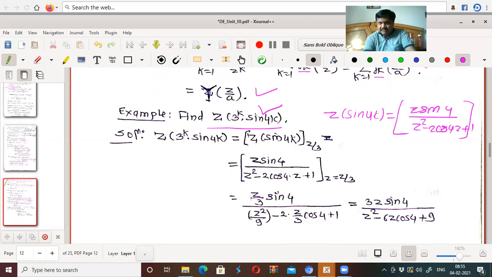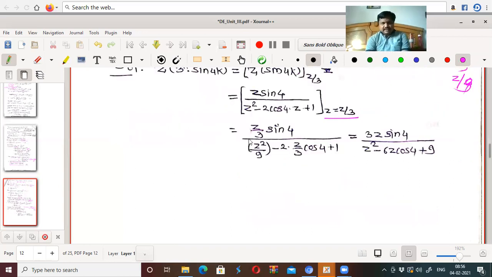That means z by a is what? Sorry, a is here 3, so z by 3. So z sine 4 upon z square minus 2 cos 4 z plus 1 at z equal to z upon 3, which is equal to z upon 3 into sine 4, z is replaced by z upon 3, upon z square by 9 minus 2z by 3 into cos 4 plus 1.